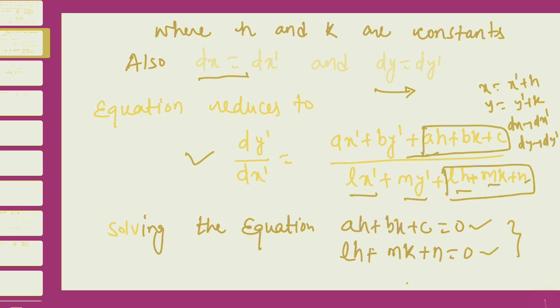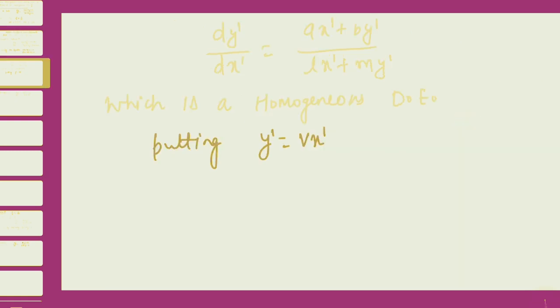Then we can find the values of h and k. After putting these two expressions equal to 0, the differential equation will be converted to this format: dy'/dx' equal to (ax' plus by') divided by (lx' plus my').